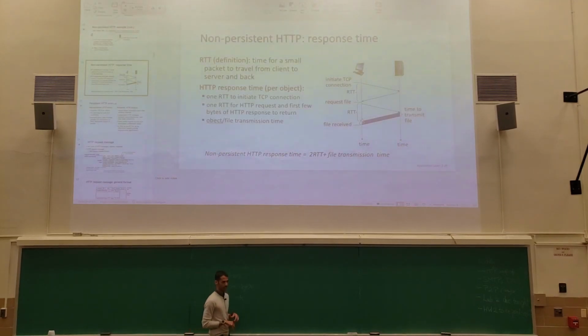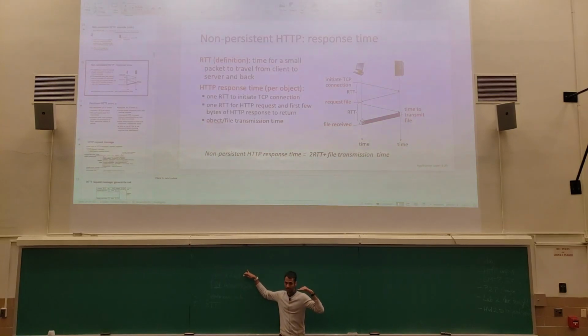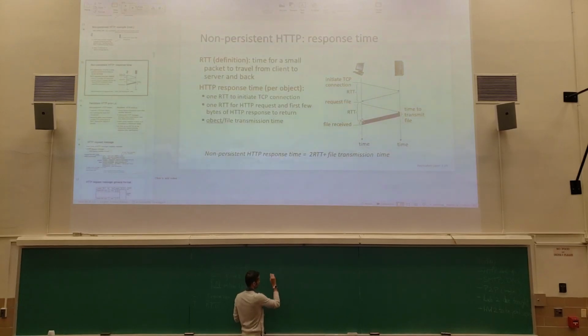T is the RTT, that's it. So it's going to take one RTT for the connection establishment, one RTT to fetch the first byte of S0, and then transmission delay for the entire S0. So that is equal to 2T, that's 2 round trips, plus S0 over C.